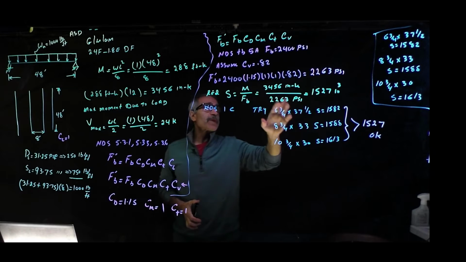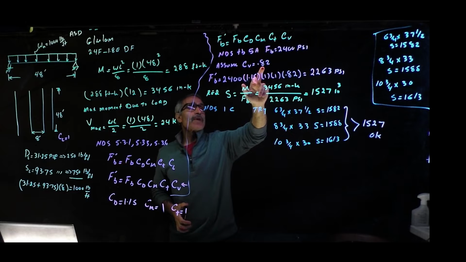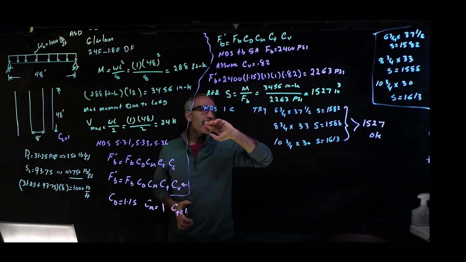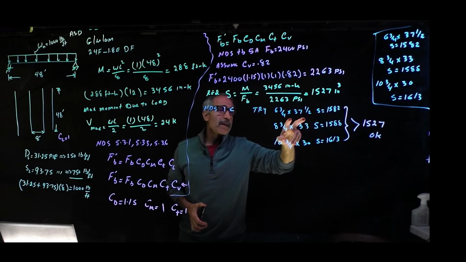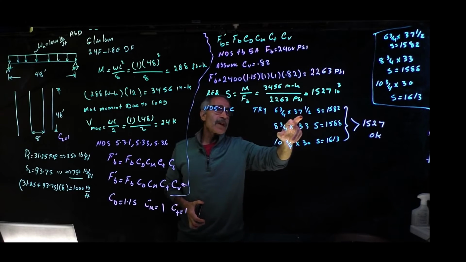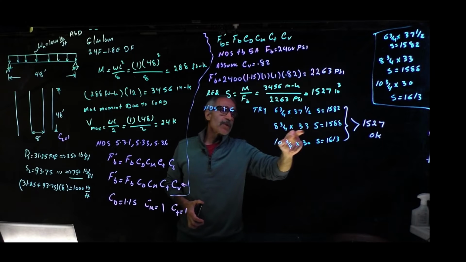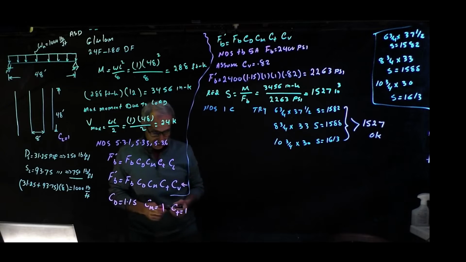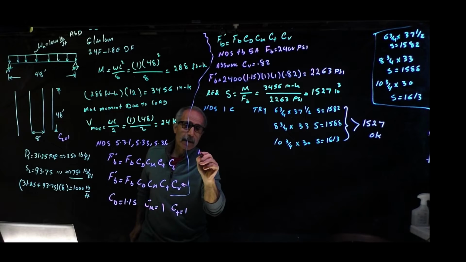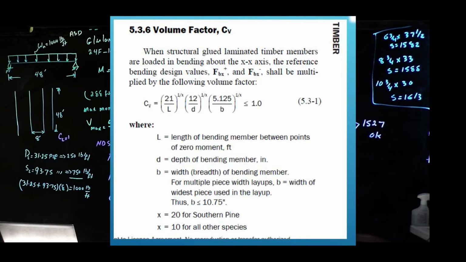But since we guessed that C_V is equal to 0.82, let's go ahead and calculate C_V. Again, calculating C_V is going to be based on the size that you selected. I'm going to just do this one, and then you can follow the same steps for the others. If we look at the NDS, section 5.3.6, they have the C_V equation given like here.